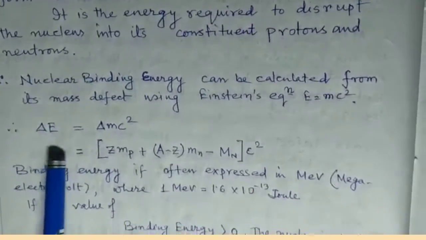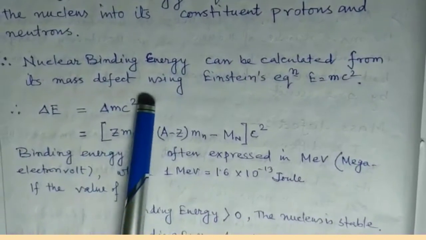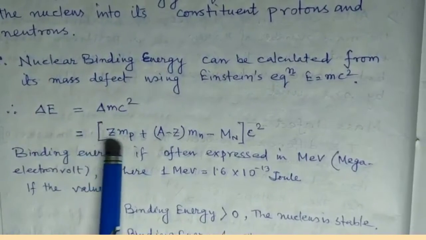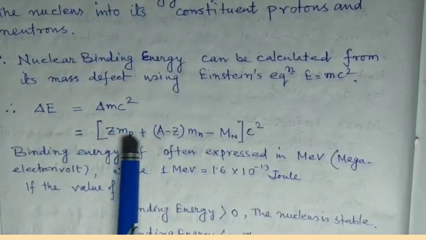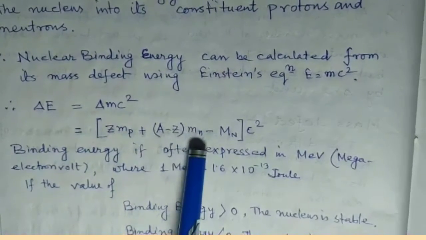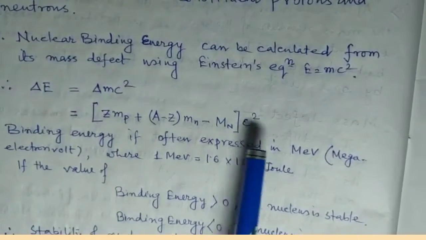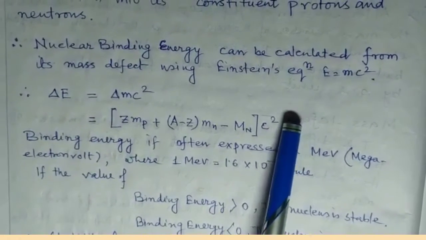Therefore, delta E is equal to delta m c square, where the mass defect delta m is equal to (Z Mp plus (A minus Z) Mn minus Mn dash), multiplied by c square.